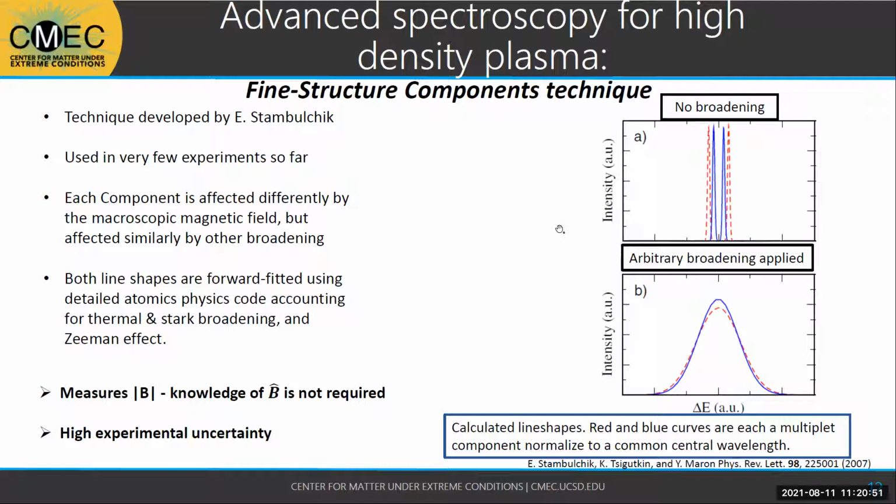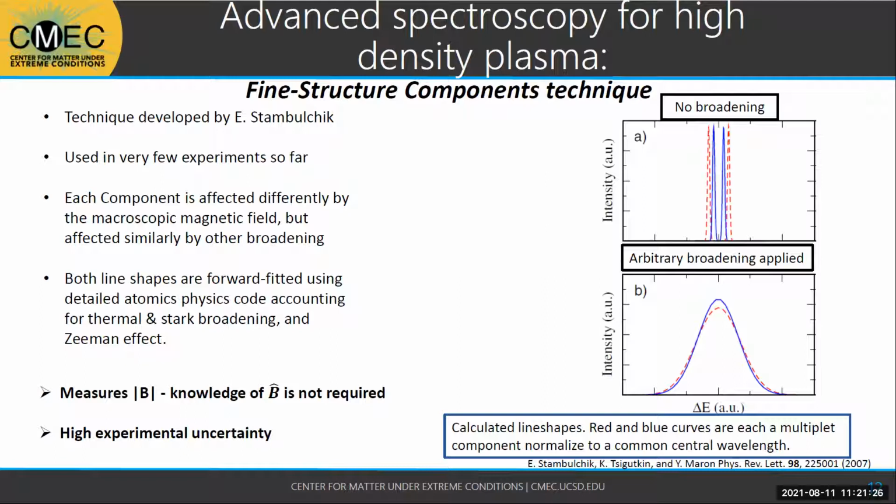This actually just compares the line shape of two components of a multiplet, and that's what these figures are showing here. The red and blue are the two different components of a multiplet. The thinking is that the Stark broadening, the instrumental broadening, all the broadening mechanisms are the same between the two because they're in close spectral proximity, but the effect of the magnetic field on the line shape is predictably, consistently different.